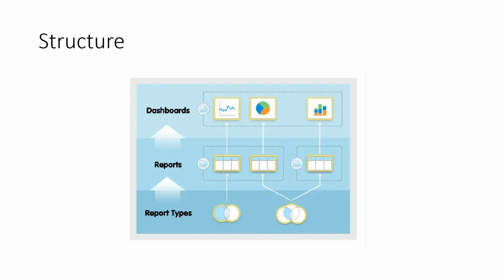So let me go one step back. I was saying that this is the basic structure for the reports on Salesforce platform. We start first with the report types, which are definitions of the reports. Basically, on the report types, we define which objects we're going to report and their relationships.